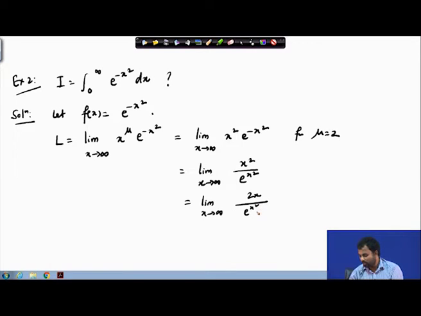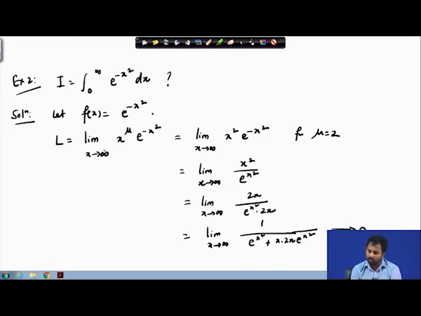Then I can differentiate the whole thing again, and this will be limit x goes to infinity 1 by e to the power x square plus x times 2x times e to the power x square. So, when x goes to infinity, this whole thing will be 1 by infinity. So, this whole thing will go to 0.